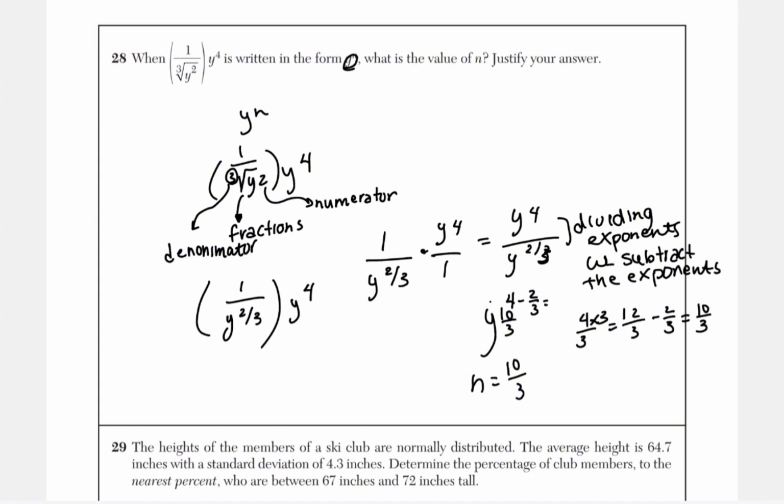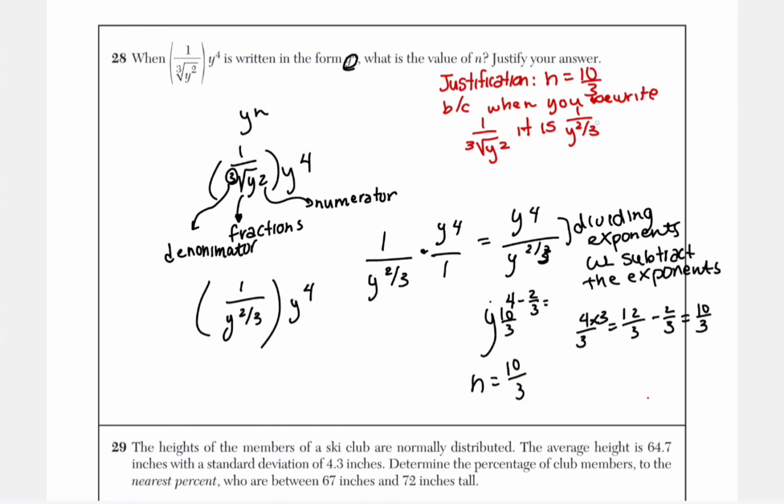That's our n. I'm going to write my justification up here. Sorry that this question is all over the place. So our justification we can say is n equals 10 over 3, because when you rewrite 1 over the cube root of y squared, it is 1 over y to the 2/3. And when you multiply by y to the 4th, you get y to the 4th divided by y to the 2/3.